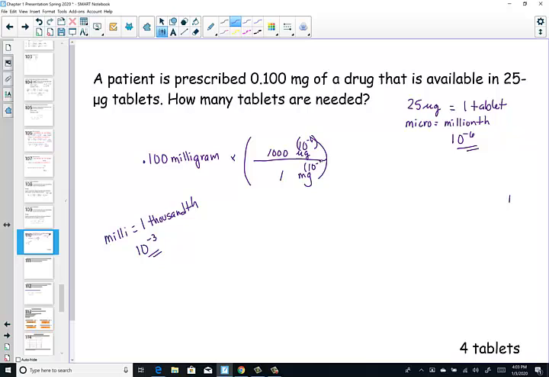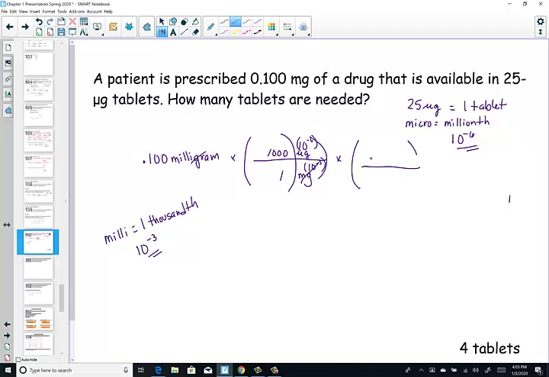Let me remind you what milli means, 10 to the negative 3. That's not part of the calculation. I'm just reminding you what those prefixes mean. So we have 1,000 over 1 as the conversion, and this unit is a micro over milli. All right, so that cancels the milligram.